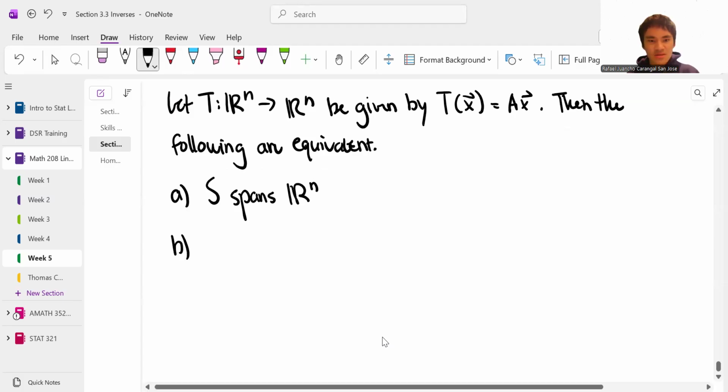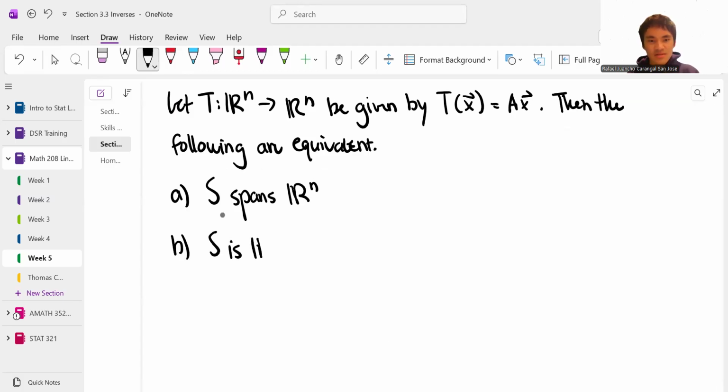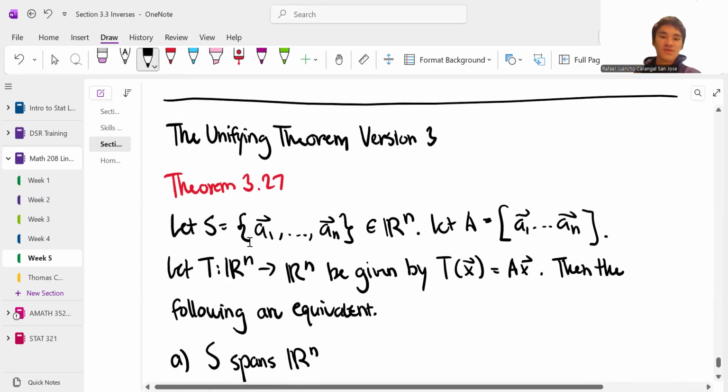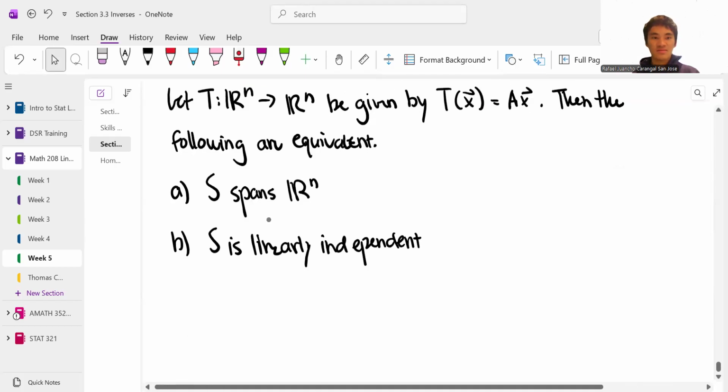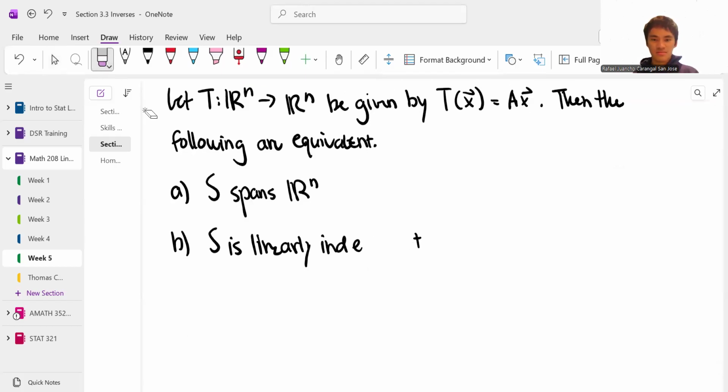B. I'm just going to briefly go through them. It's just like a summary. We say S is linearly independent. Now, what does that mean? That means, given the set S, we cannot write one of them as a linear combination of the rest. What else does that mean?